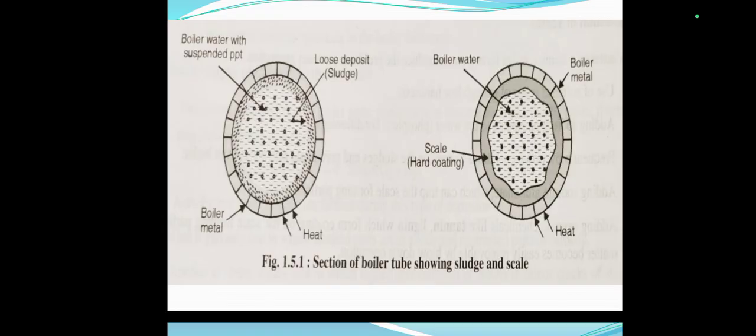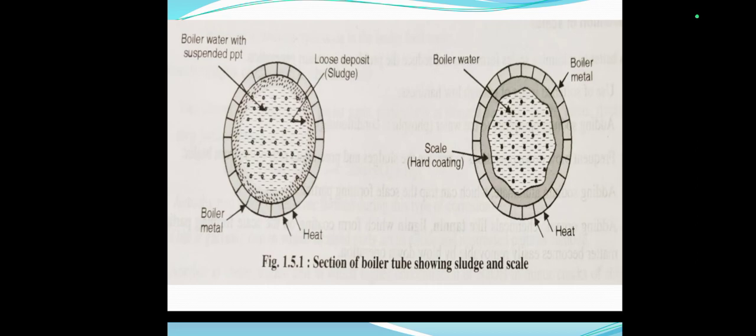So what will happen? Because of high pressure in the boiler, there will be cracks, or you can say the production of cracks in the scale. That coating will break, there will be a crack in the scale coating. So highly heated water will suddenly come in contact with the boiler metal. As water enters through the crack, it will reach the surface of the boiler metal.